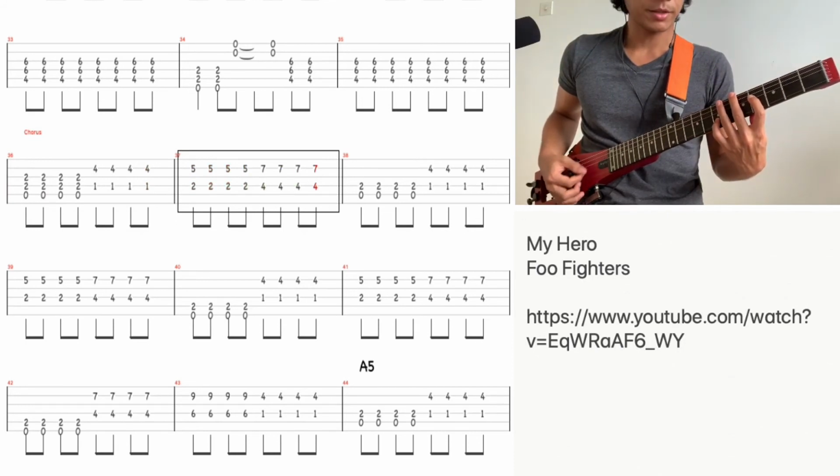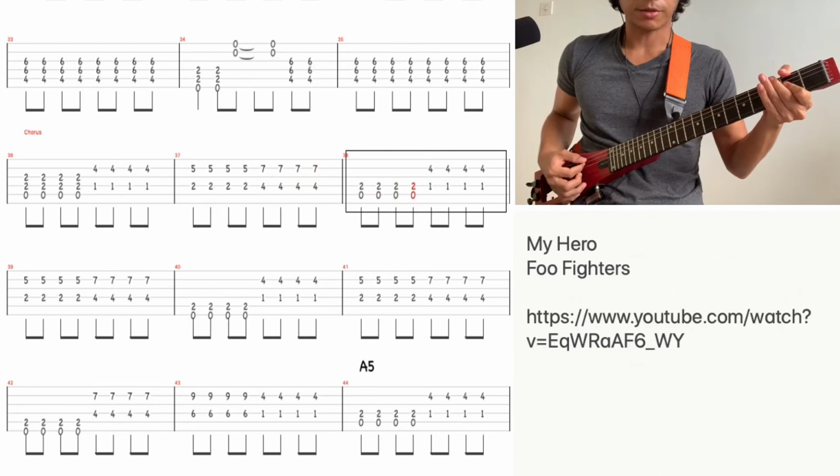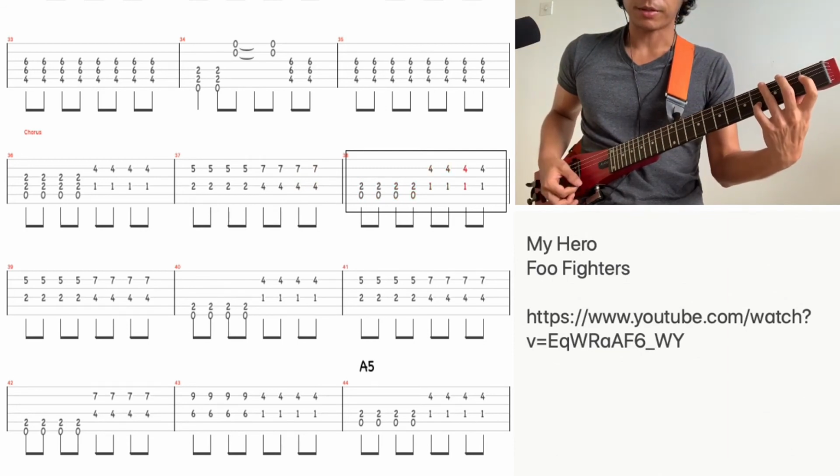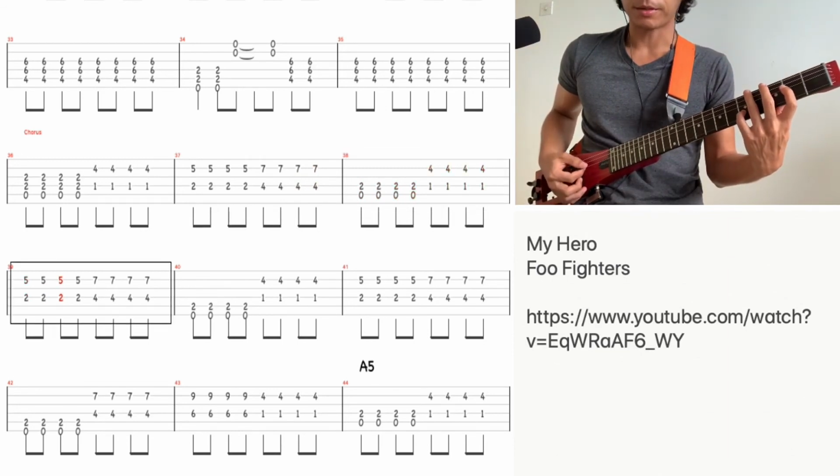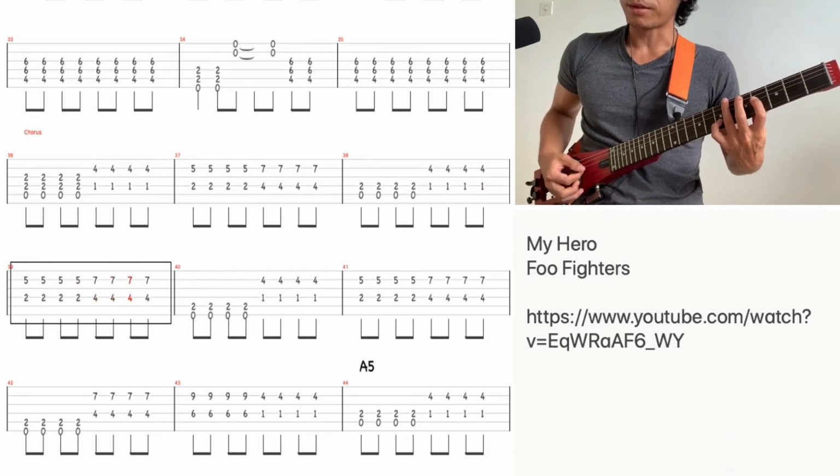Back to the A chord, G sharp octave, A octave, B octave, and we go to the E chord.